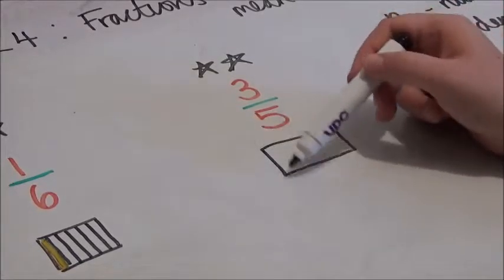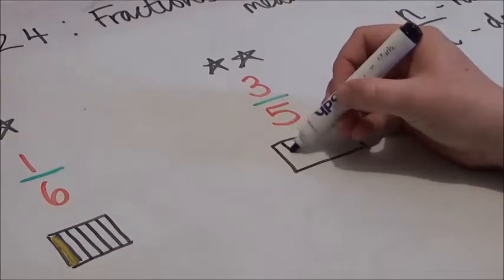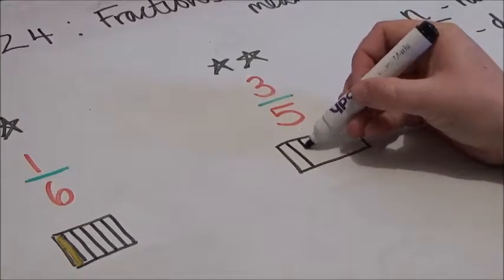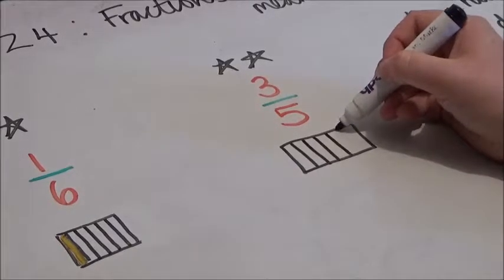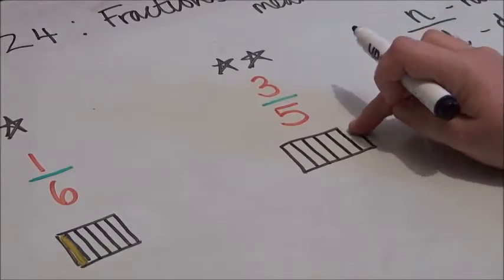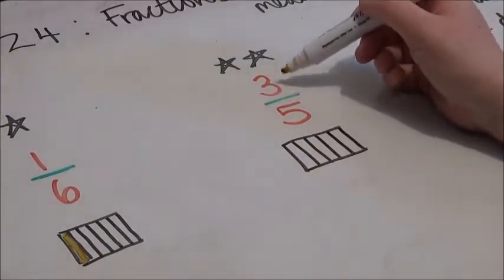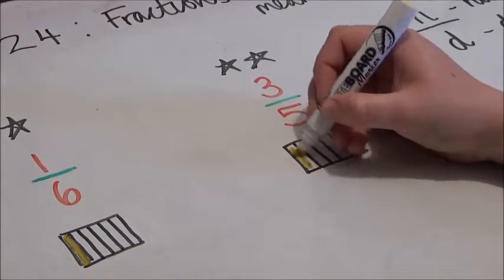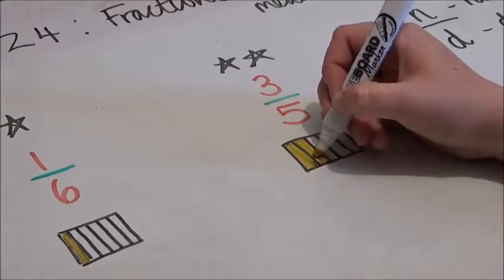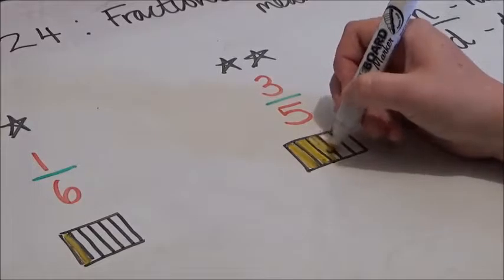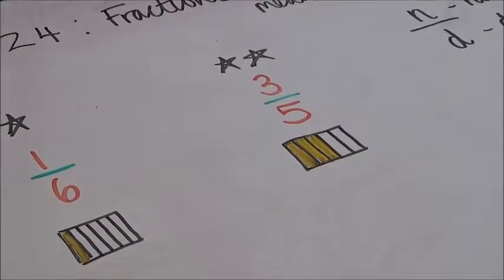So I've got my one whole rectangle and I'm going to cut that into 5 pieces. 2, 3, 4. Again, overdid it. Looking at 3 of those pieces, I'm going to fill in the first 3, but yours would be correct, whichever 3 you decided to colour up.